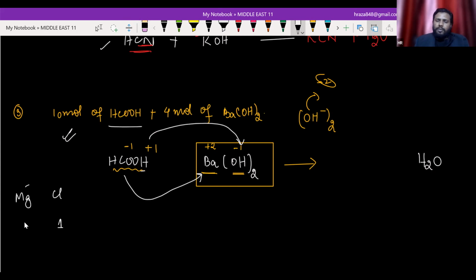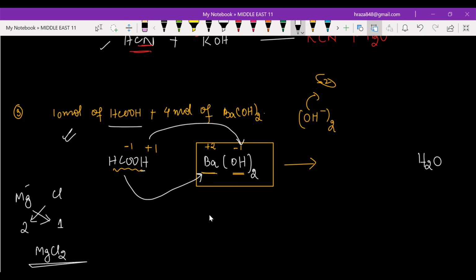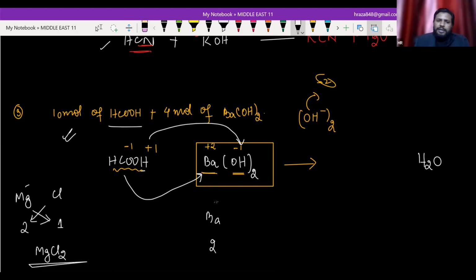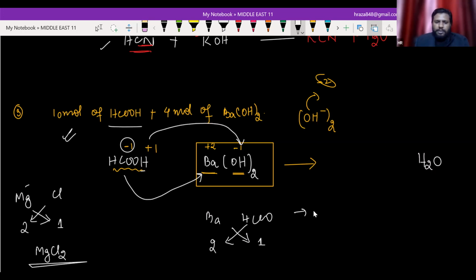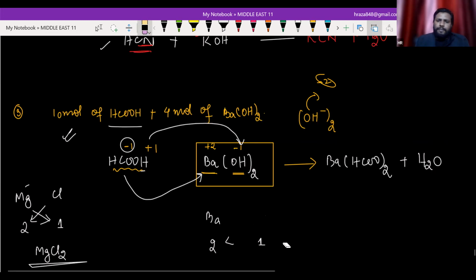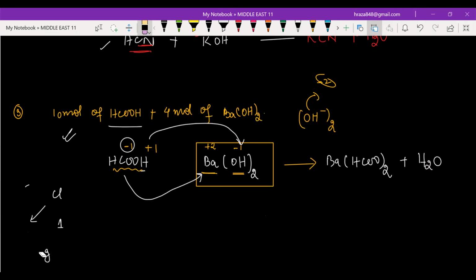Chlorine has 1, magnesium has 2, so it will be MgCl2, right? Now barium has 2, and HCOO has 1 charge, right? So the formula will be Ba(HCOO) whole twice. Is this correct?